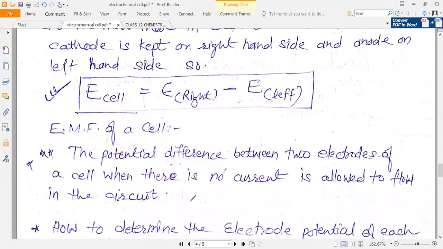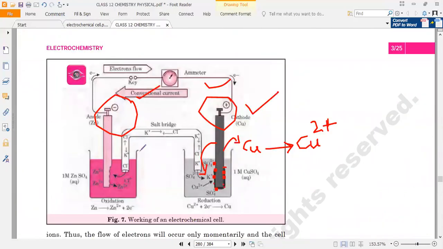And now, how to determine the electromotive force or EMF of the electrode? We know in electrochemical cells there are two electrodes, anode and cathode, and anode has a different electrode potential, cathode has a different electrode potential, and the difference between the electrode potentials of cathode and anode is considered the EMF of the cell.